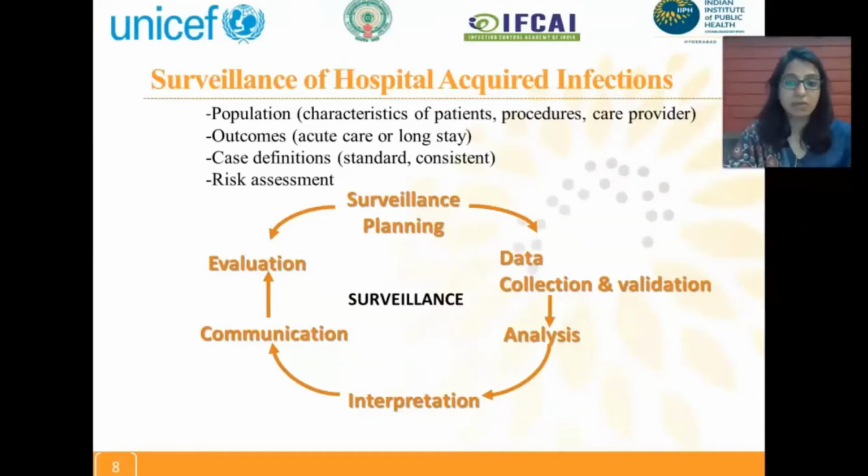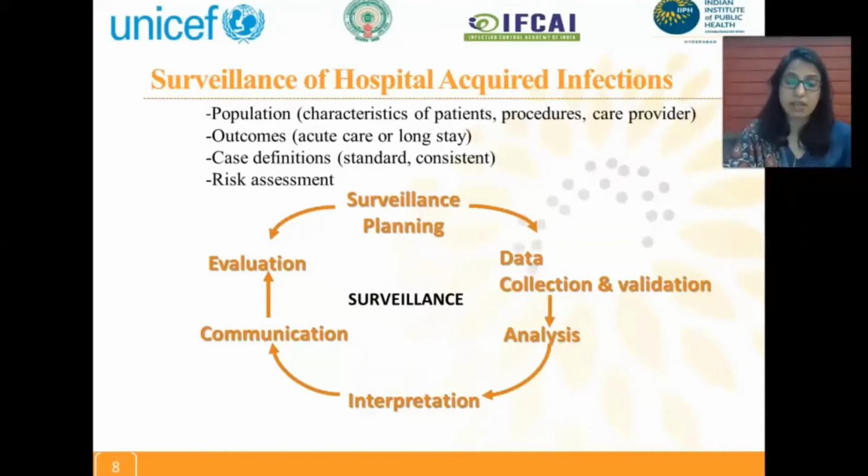Then case definitions have to be properly laid out. We suggest that you use the standard case definitions, and they should be consistent with the protocols that you have, the national or international level definitions of any disease or diagnostic criteria or measurement criteria that you are going to use.